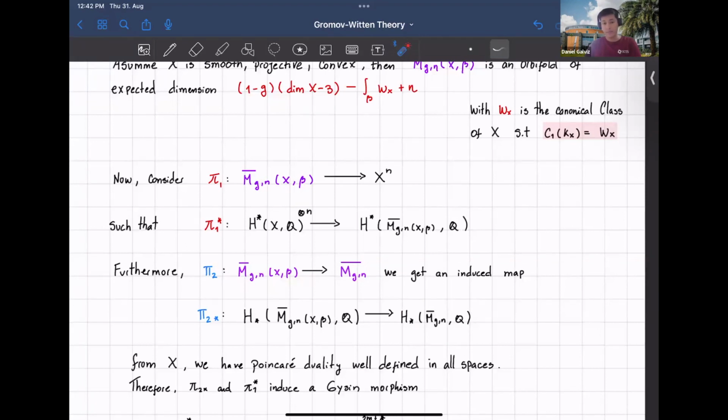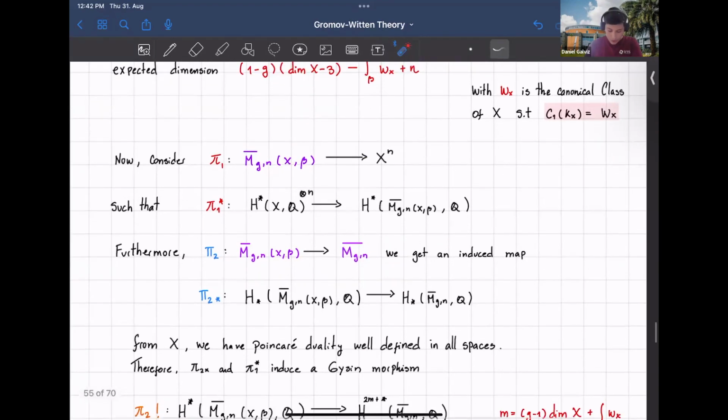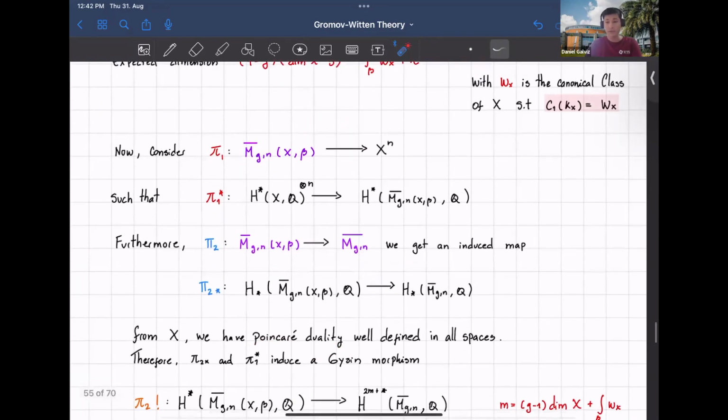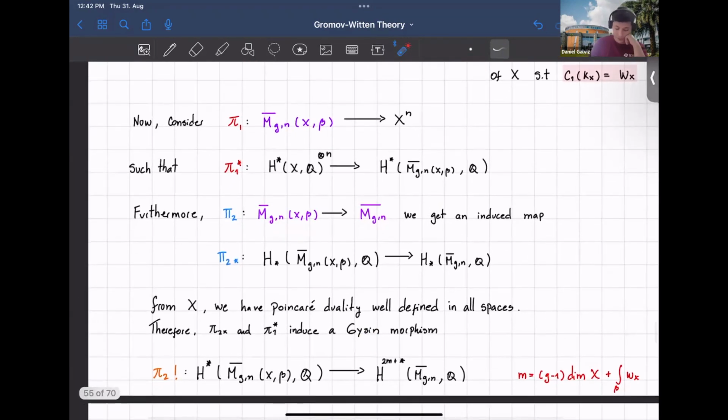So how can you really go from one to another? It will be useful to use the Poincare duality, because Poincare duality transforms homology into cohomology. And this is what is called the Gysin map, or Gysin morphism, which is given by this symbol, and then you will have P2.